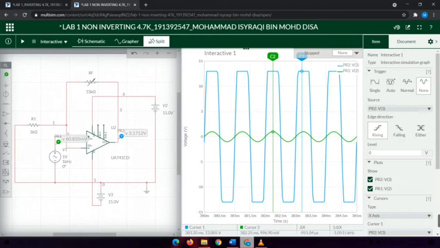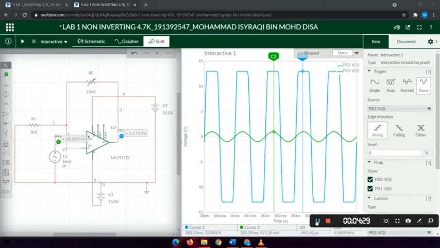When we use 33 kilo ohm, there will be clipping on the output because we are using a 15 volt source. The maximum is 15 volt.